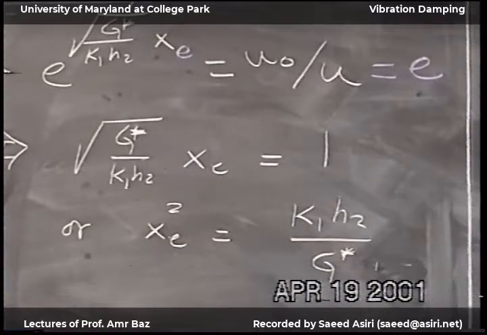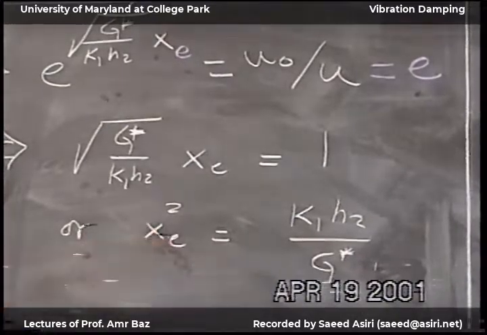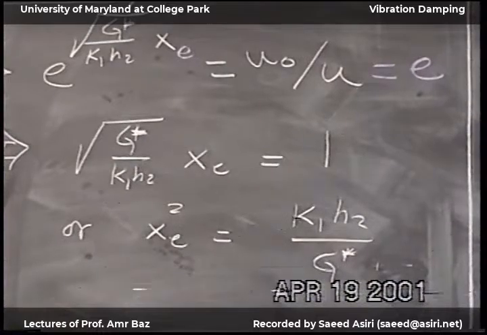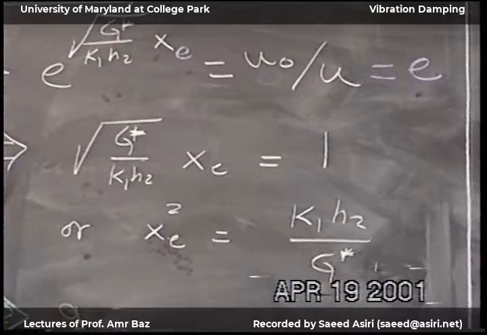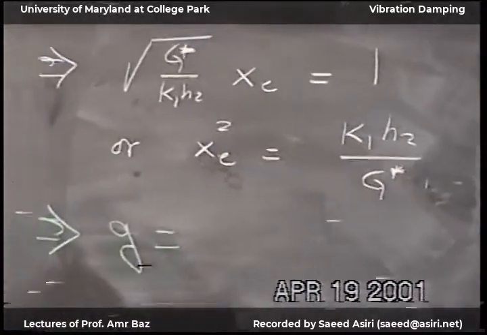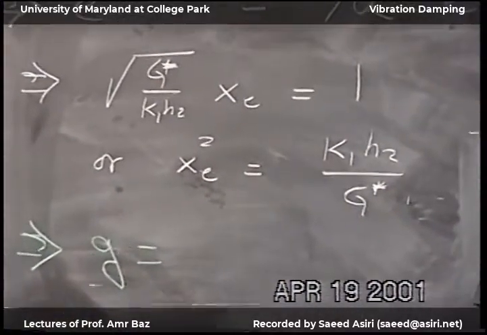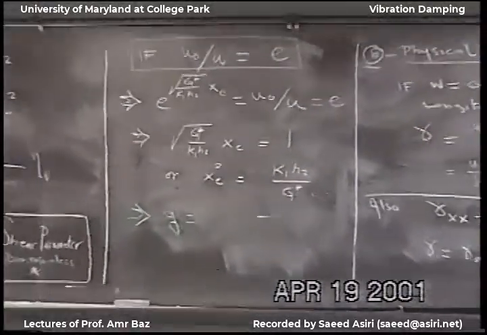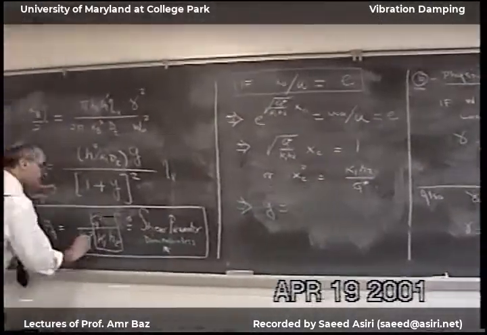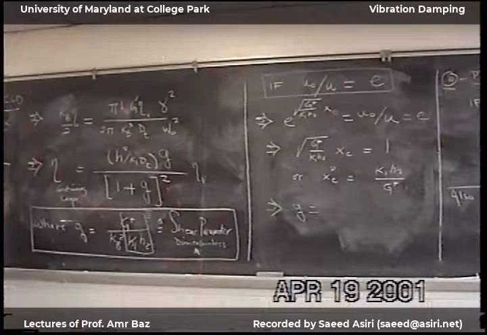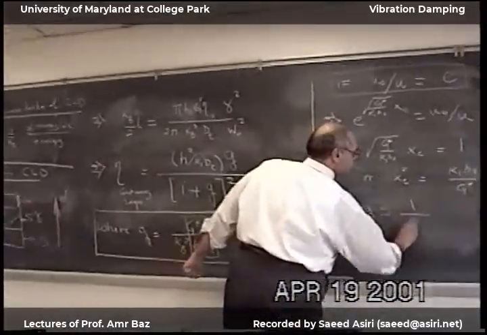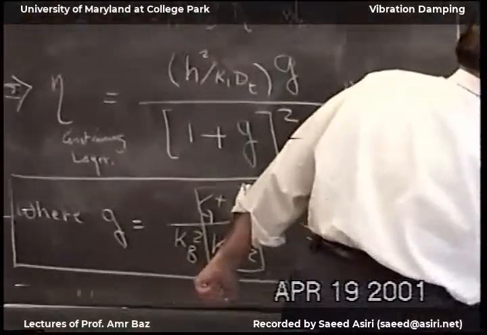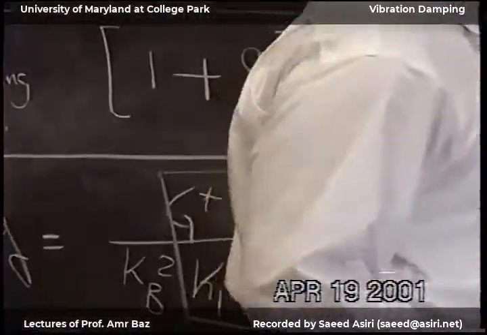I'm gonna take all this and plug it here. Then G will equal to, I'm gonna replace these three symbols by what we have. So this will equal to E squared.